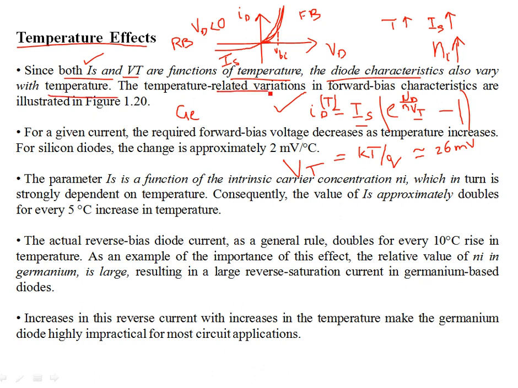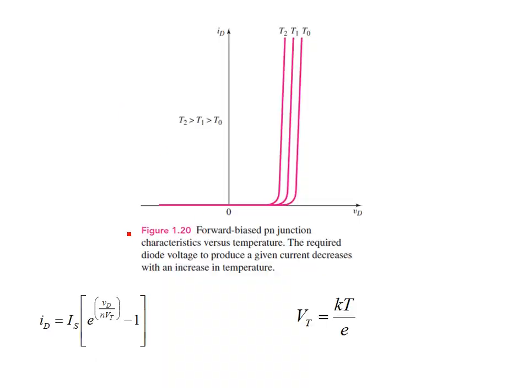The temperature-related variations in the forward bias characteristics are shown in figure 120. What it shows is that for a certain current requirement, let's say diode current ID0 or ID1, if the temperature is varying, the forward bias external bias requirement to generate the same current decreases.